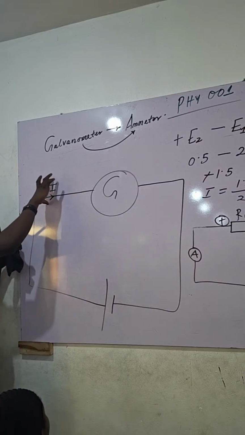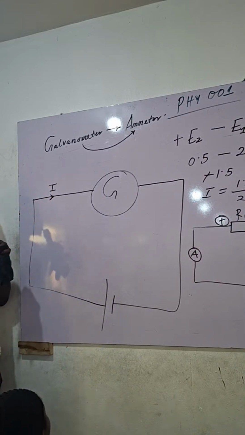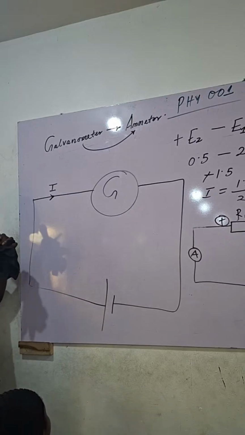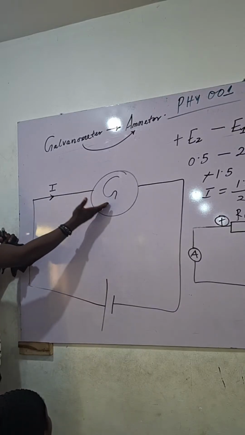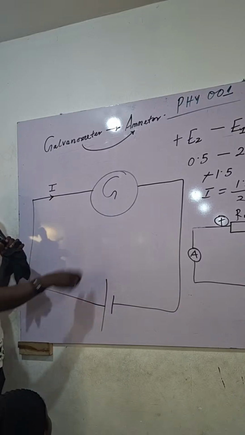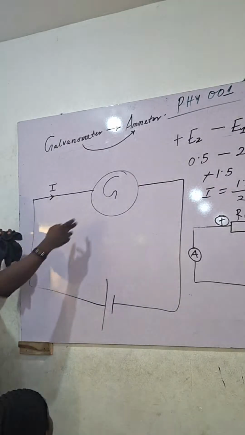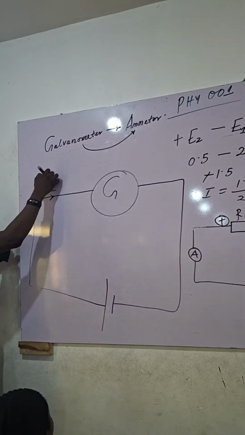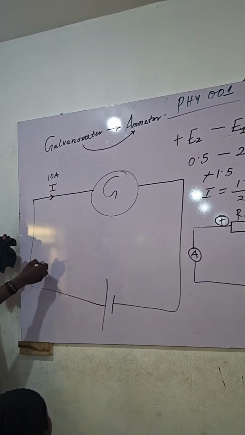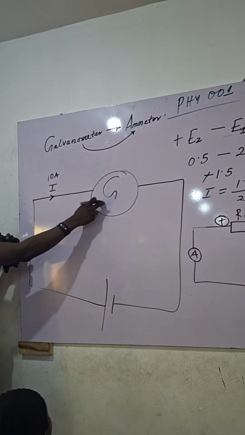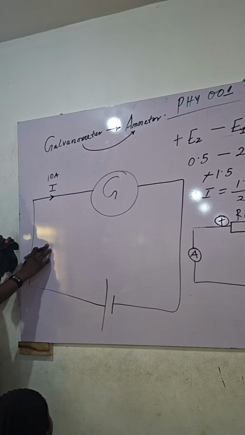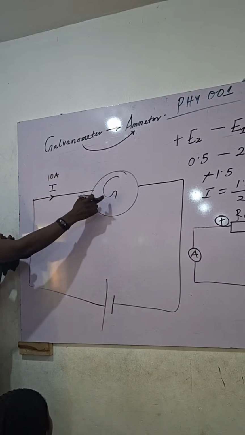If the current is too much, there might be an issue with the galvanometer. So now, and I don't have an ammeter, so what can I do? I can convert this guy to an ammeter. In order to convert it, let's say the current that is coming in is like 10 ampere. And 10 ampere will spoil this thing. So now, I don't want the whole 10 ampere to go through it.